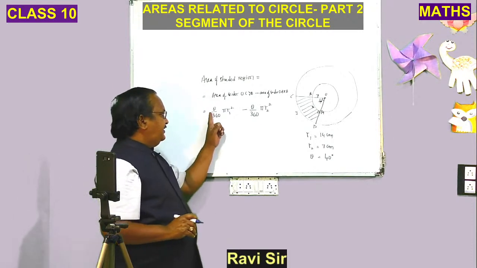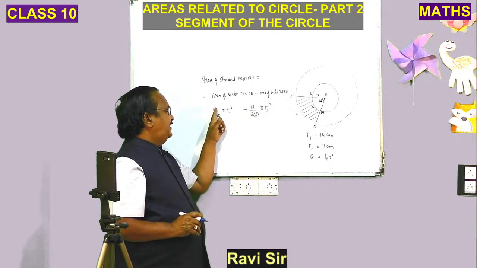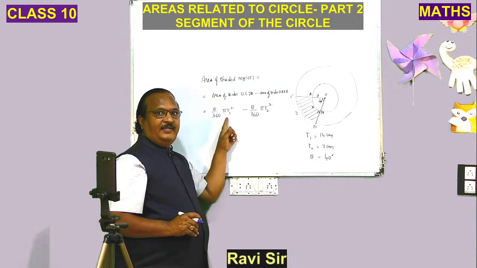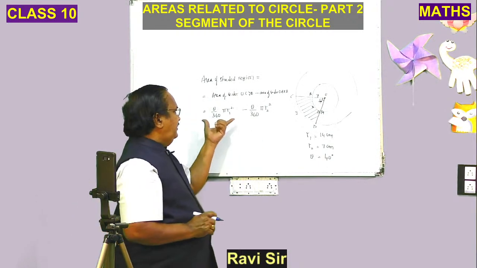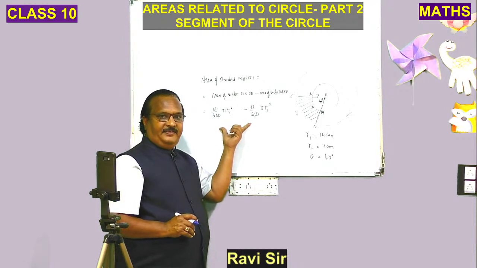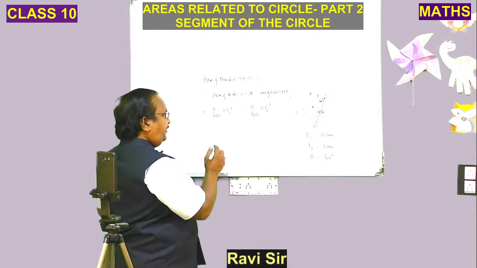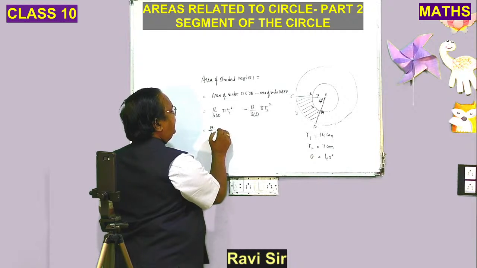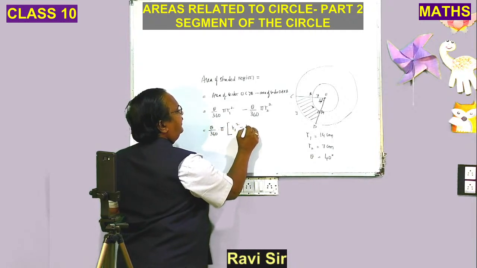Okay, because theta is same, because both sectors have the same angle, I wrote theta, but both are having different radius. That is why I have written R1 and R2. Please understand this type of writing. This is a key step. Okay. Now in this you see, you can take out common theta by 360 into pi, also you can take out common, then R1 square minus R2 square.